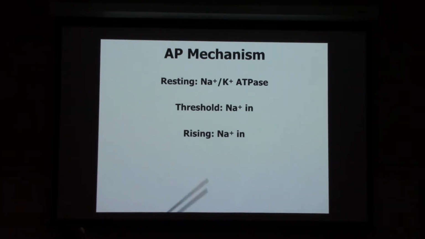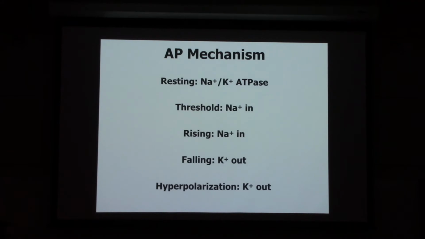At this point, it's coming in through those voltage-gated channels, those channels that were stimulated by threshold. And the falling phase is due to potassium leaving the cell, going through voltage-gated potassium channels. And hyperpolarization is also due to potassium going out through those same channels that are just slow to close.